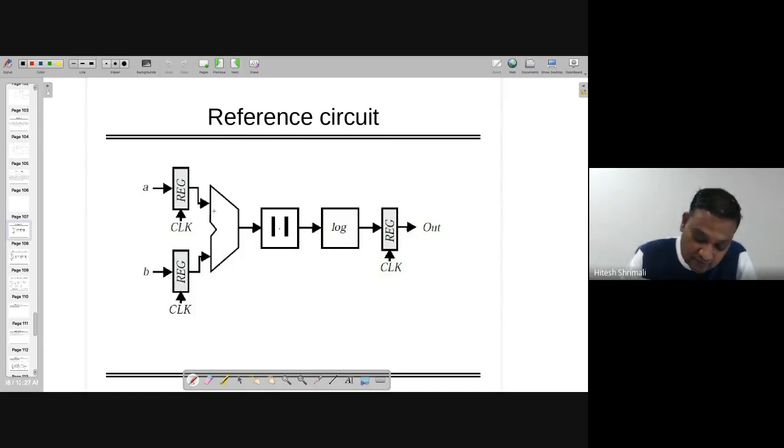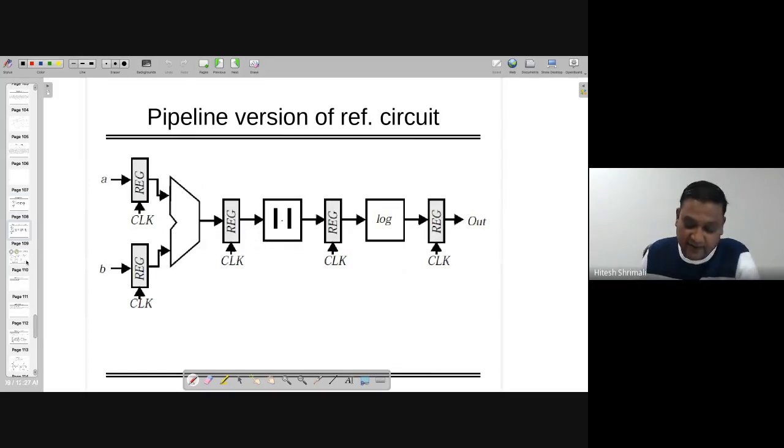This was the traditional way where clock and clock bar have been kept, but in pipelining we are adding, everywhere, different registers having the clock, right? So there are various ways: you can do it with the clock and clock bar, which is saving time, or you can take it as it has been kept over here.